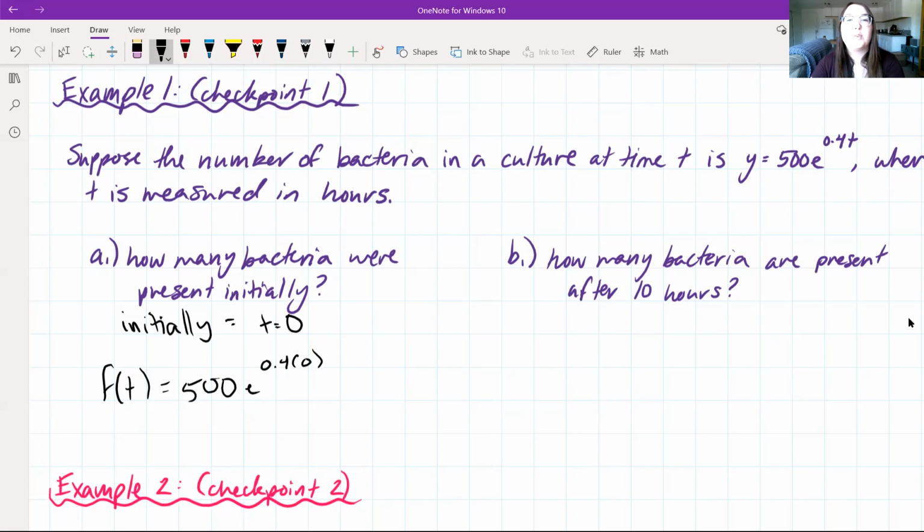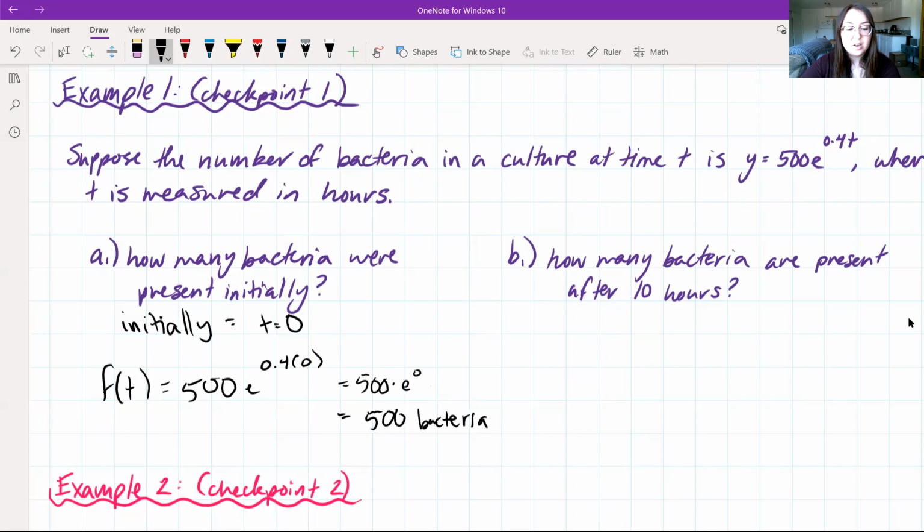So since 0.4 is being multiplied by 0, we know that that's going to be 0, and anything to the 0 power is 1, even e, so e to the 0 power will be 1. So we're essentially having 500 times e to the 0, which we know is 1. And our answer is going to be 500 bacteria. So we know there were initially 500 bacteria.